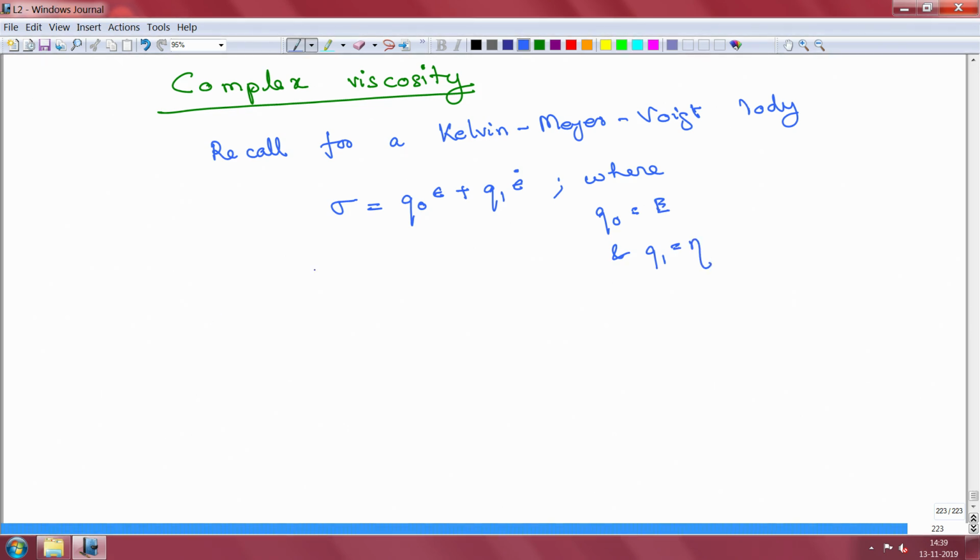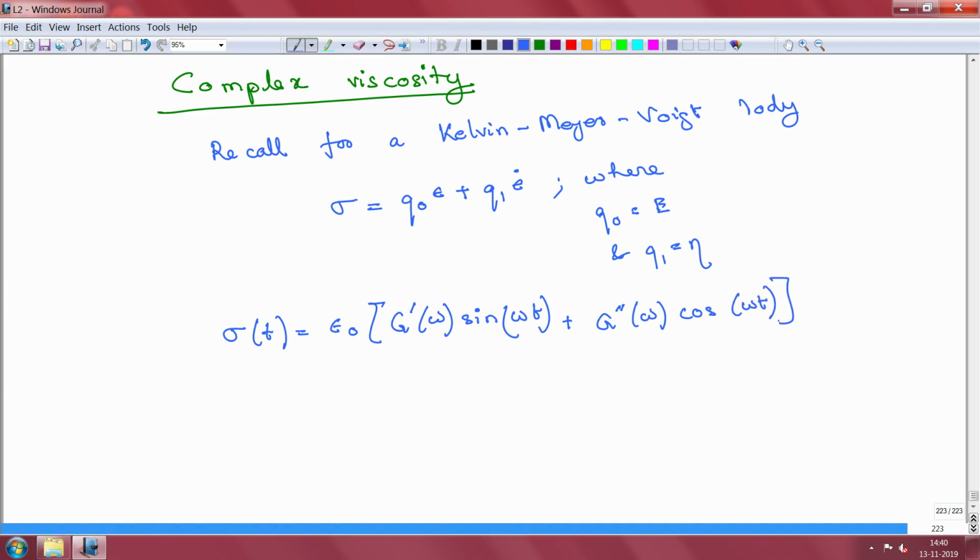So, given the complex form, what can we do about the stress? So, let us say, in this particular case your stress is now going to be epsilon naught G dash of omega sin omega t plus G double dash cosine omega t, for epsilon equal to epsilon naught sin omega t.